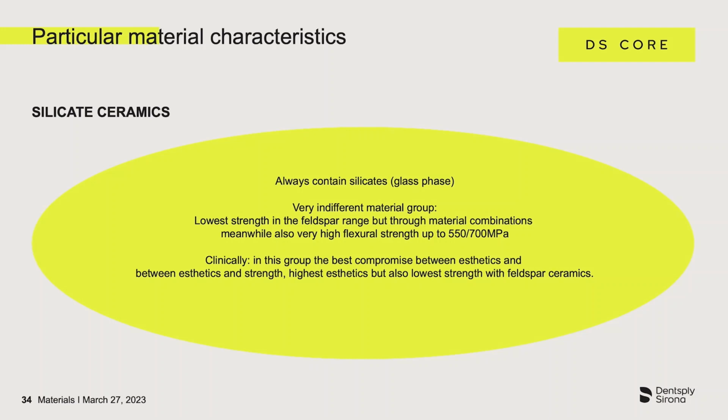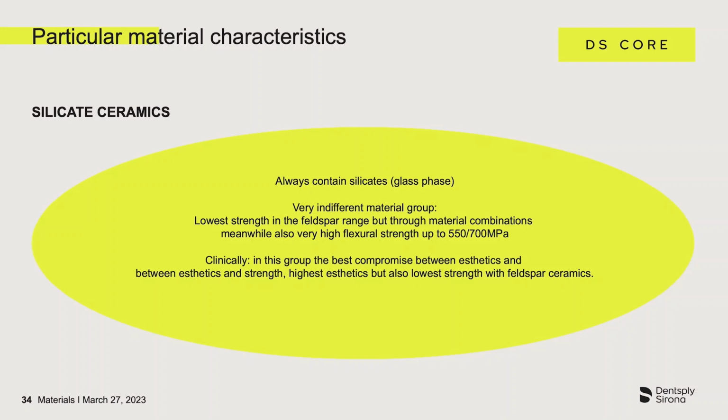As already mentioned, silicate ceramics always contain a glass phase. And silicate ceramics are nevertheless a very diverse group of materials. For example, we have the lowest strength in the feldspar ceramics, and through different combinations of additives, we can reach 700 megapascals in the biaxial bending test with Celtra Tessera.